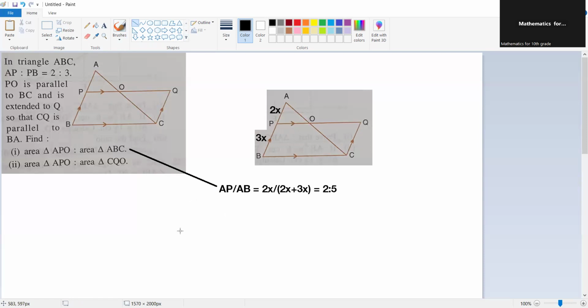So the area of triangle APO to ABC. Now these two triangles are similar. I'll just put a tick mark.